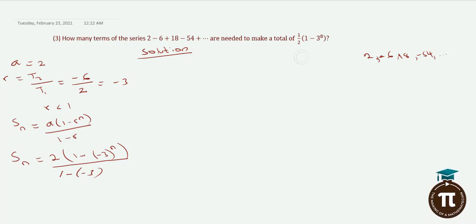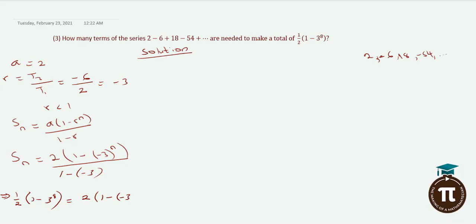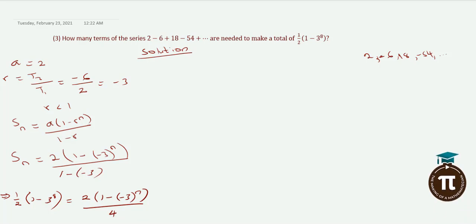Sn, the summation is 1 over 2 1 minus 3 raised to power 8, so that at the end of the day this is 1 over 2 1 minus 3 raised to power 8 is equal to 2 open bracket 1 minus 3 raised to power n all over 1 minus times minus will give me plus, 1 plus 3 will give me 4, so that is what I have.